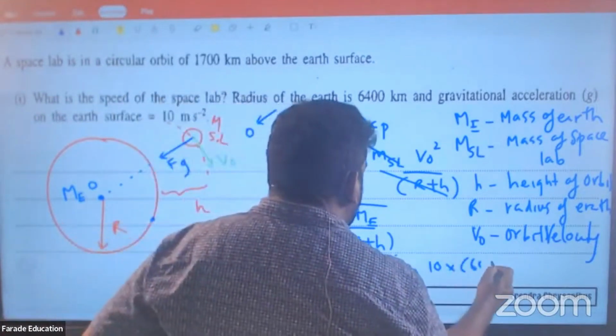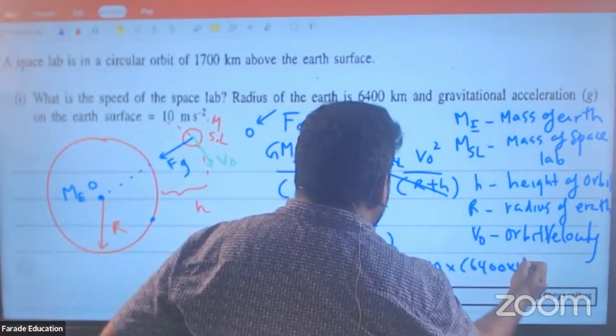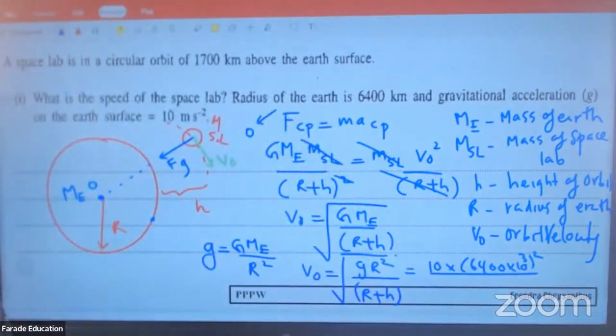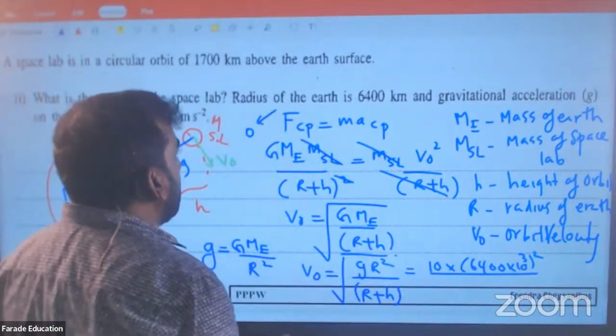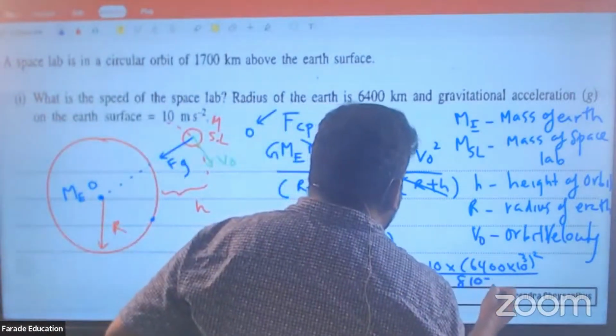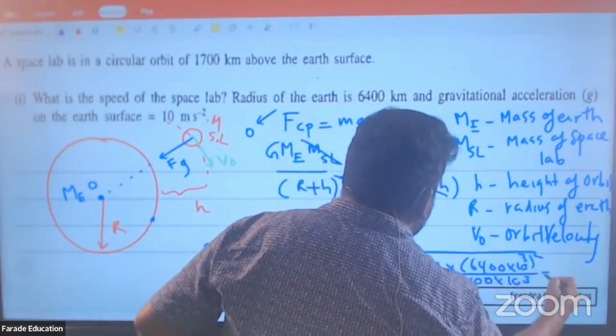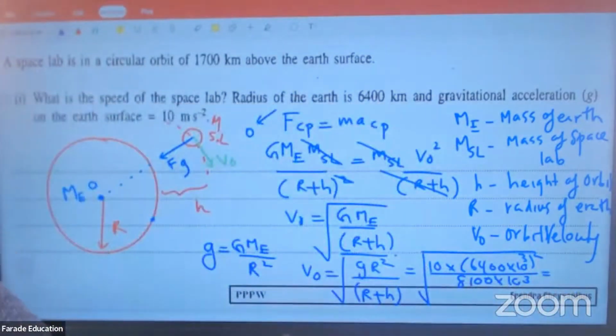Radius is 6,400 kilometers, convert to meters, squared, divided by radius plus 1,700, how much? 8,100 kilometers, convert to meters, whole thing square root.